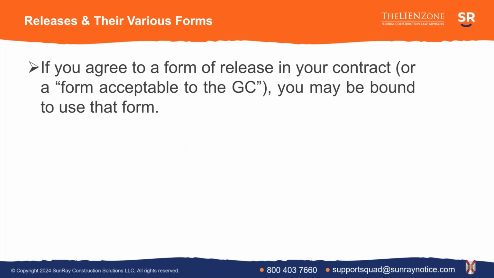So the first question I get all the time is, well, okay, Alex, you showed me lots of forms. Which one do I have to use? And the short answer to that question is, well, what does your contract say? What did you agree with your counterparty that your release is going to say? If you agree to a form of release in your contract, that's what you're going to be bound to.